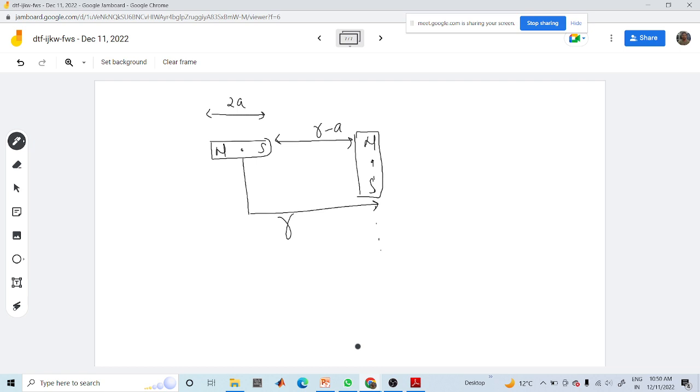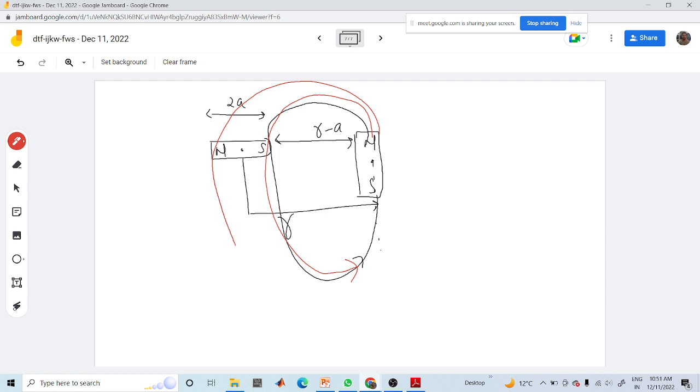I want to draw the field lines, something like that. Let me take a different color. Where is the color option? Yeah, here it is. Magnetic field coming in this way, north to south, or from here also I am just writing north to south. सही है?